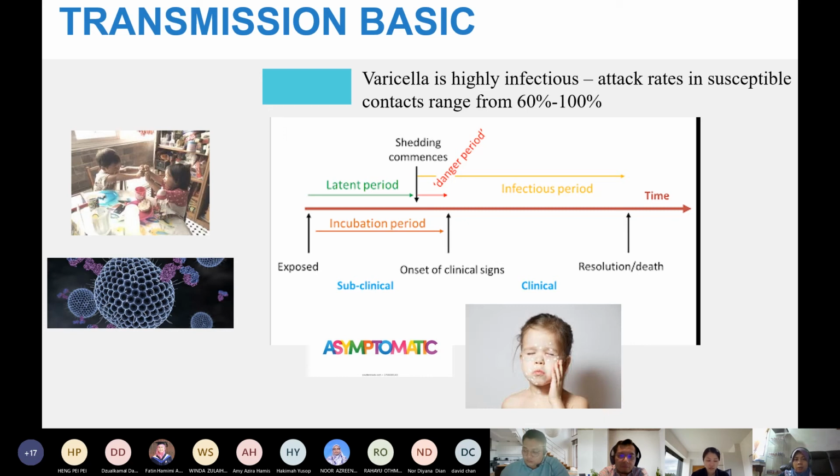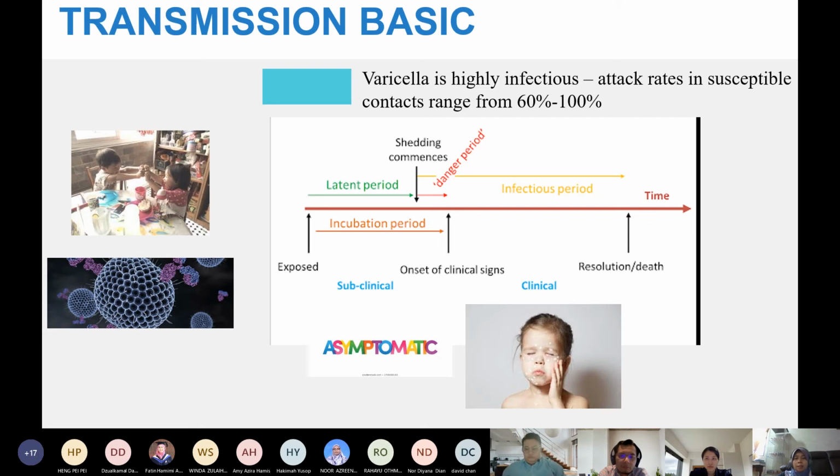Inilah yang kita tak tahu kita ni COVID-19 the danger period ni. Because most of our patients are asymptomatic, and infectious period will continue till the vesicle tu kering kan. Dia tak shed lagi. So the end point is the resolution.